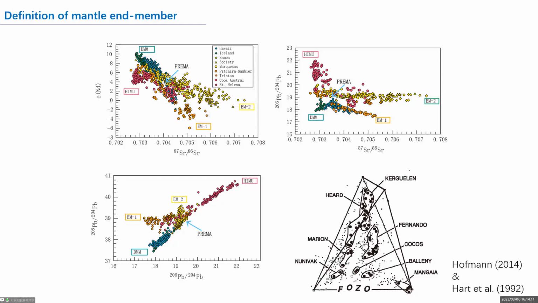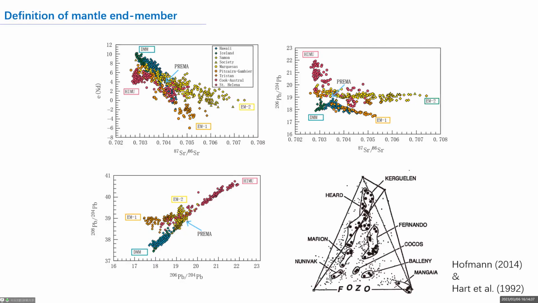Previous studies have examined the isotopic composition of global basalt in 2D or 3D space. In the 2D figures, they found some basalts with extreme isotopic compositions, and thus they defined four end members termed DMM, HIMU, EM1, and EM2.